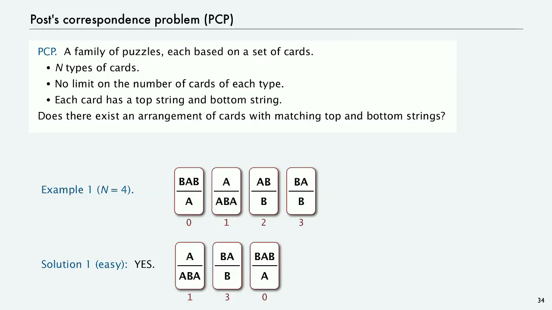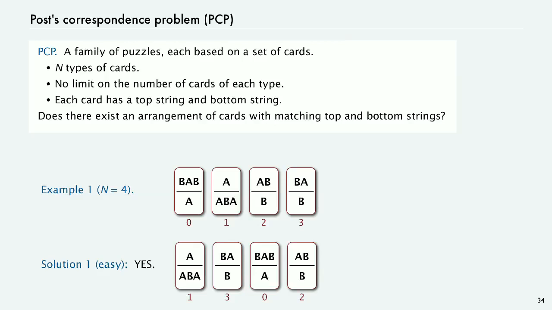So now we have alternating A's and B's ending with a B on the top, and we have the same thing but with one fewer character on the bottom. So now we need a card that has a B on the bottom. And in this case, we pick a card of type 2. And now we have 6 characters on the bottom, and we have 8 characters on the top.